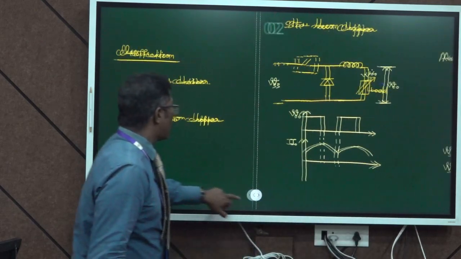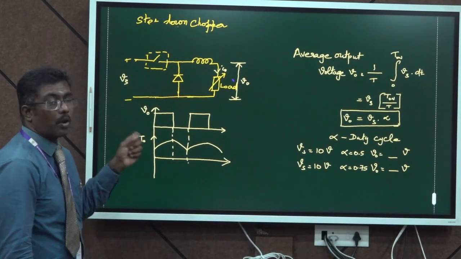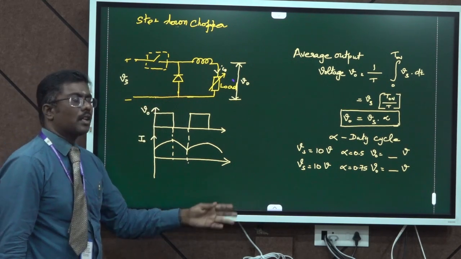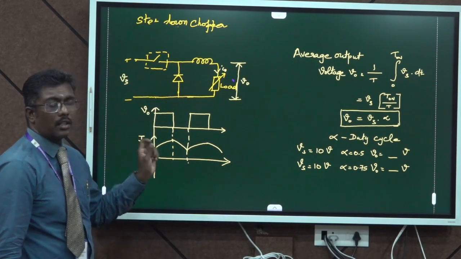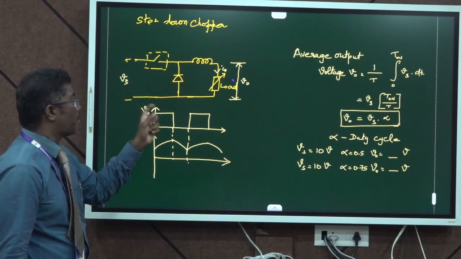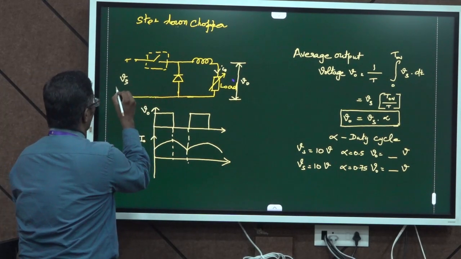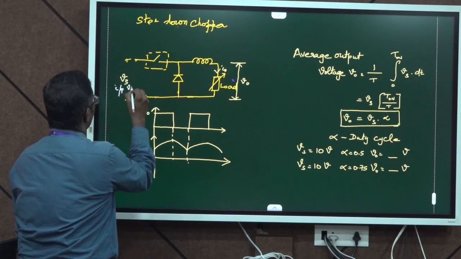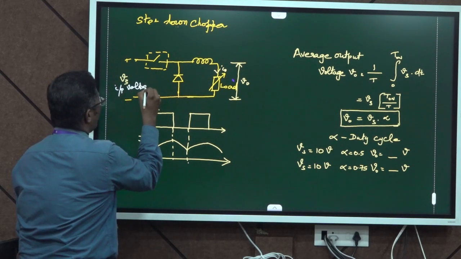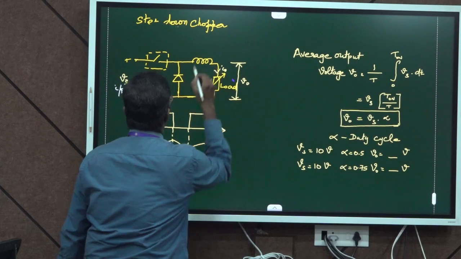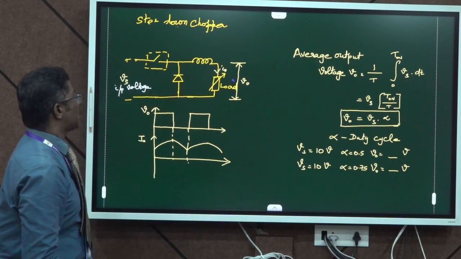First, we are going to discuss the step down chopper, where the output voltage is less than the input voltage. I am considering Vs as the input voltage and V0 as the output voltage across the load, and this is the circuit diagram for the step down chopper.